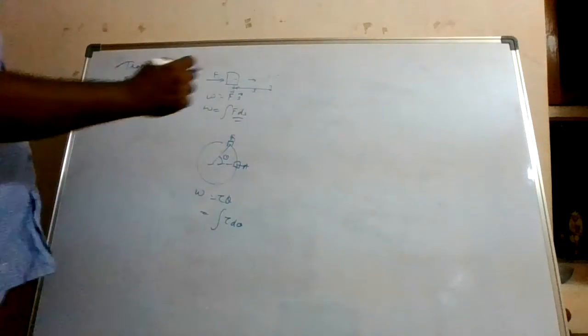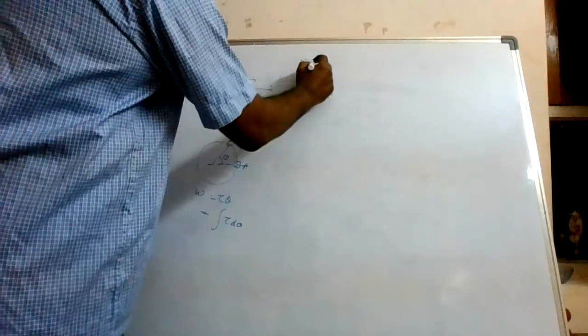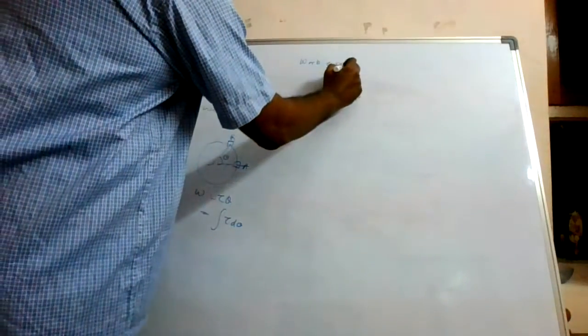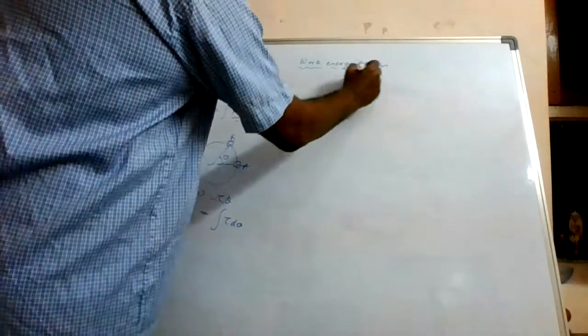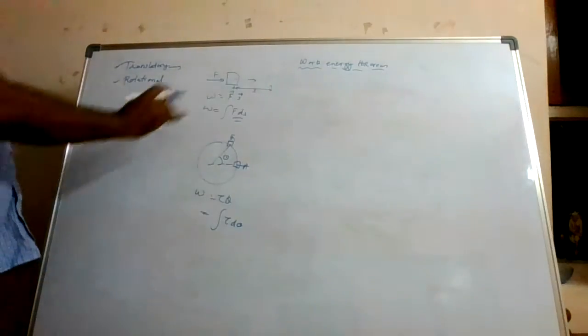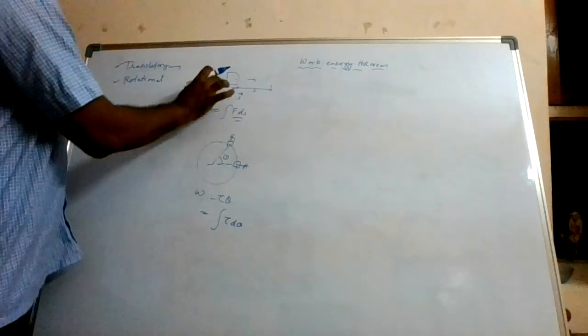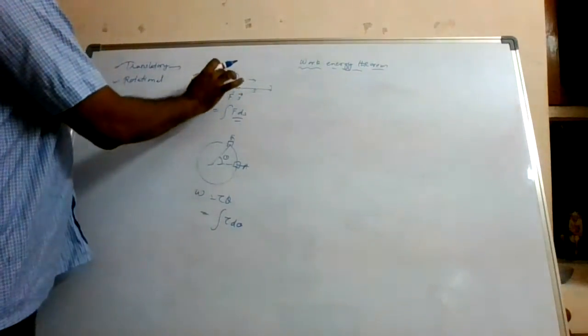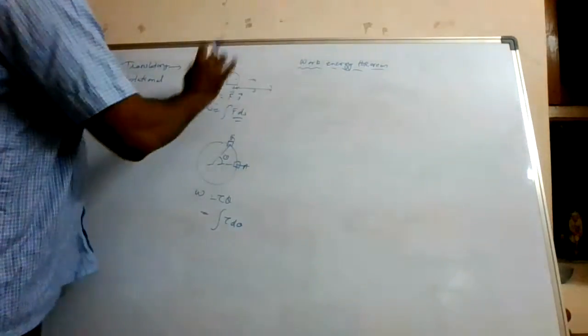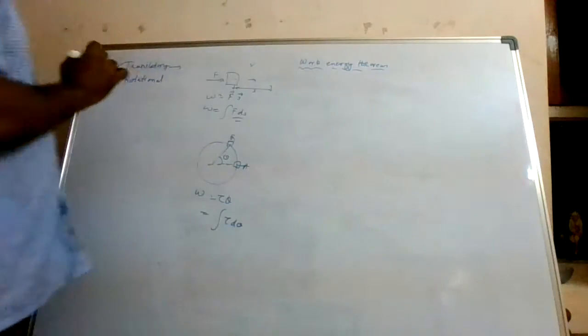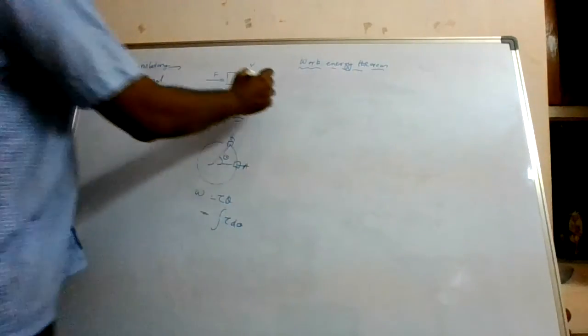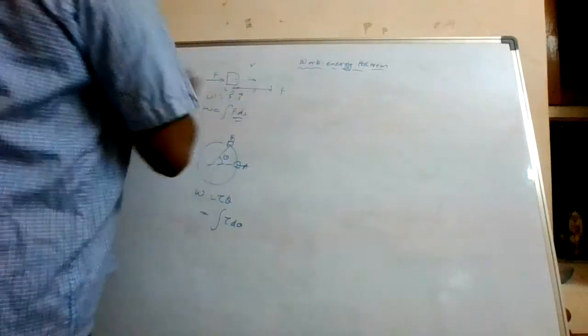See, you have studied the work energy theorem, isn't it? What is this work energy theorem? Take this case. Let us say the initial position of the object was here, and from here to here it moved. It moved means it will have some velocity, isn't it? So let us say this is the final position and this is the initial position.